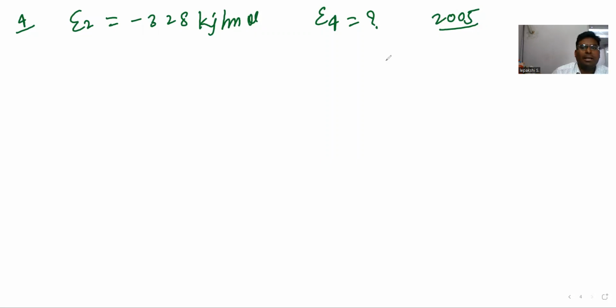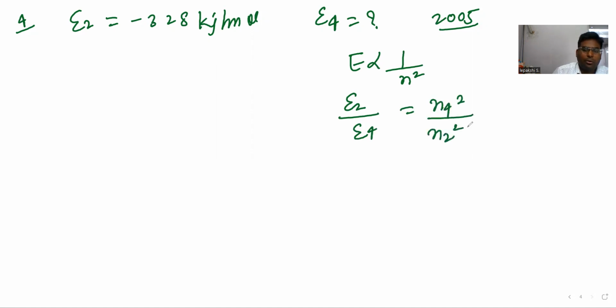As we know, energy is inversely related to the square of n, right? So E2 upon E4 will be equal to n4 square upon n2 square. Now put the values: n is 4 and 2, so it will be 4 square upon 2 square, that is 16 by 4.